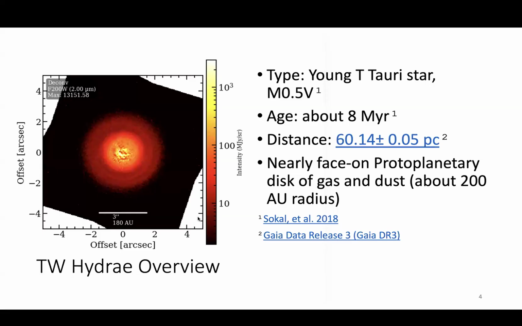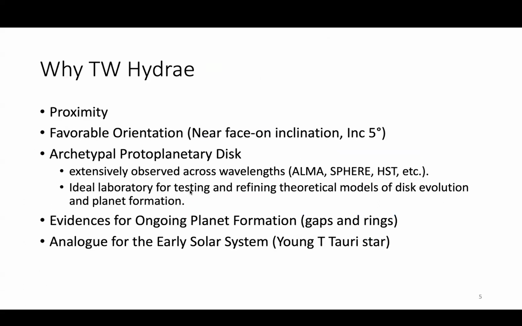Okay, but why did we choose TW Hydrae? And this is one of our results. First, it's really close to us, so we can have high resolution on it. Second, it has a wonderful orientation, so it's nearly face-on to us. In our research, we suggest the inclination is about 5 degrees.